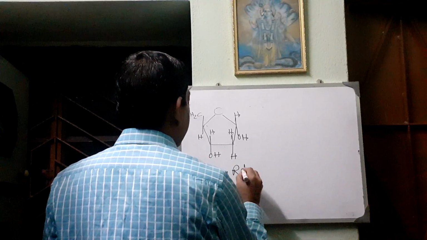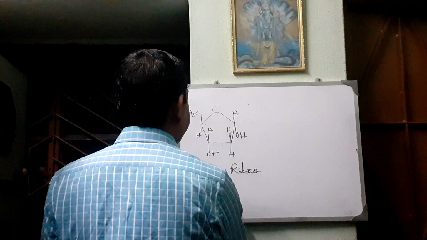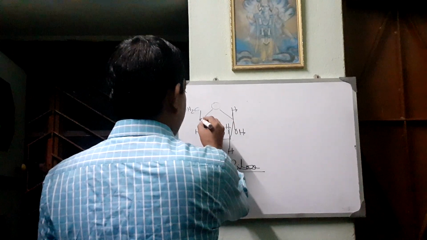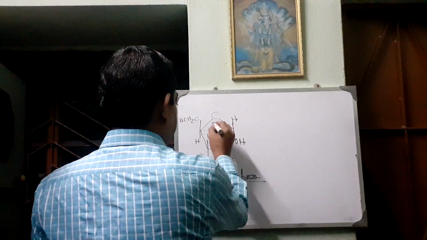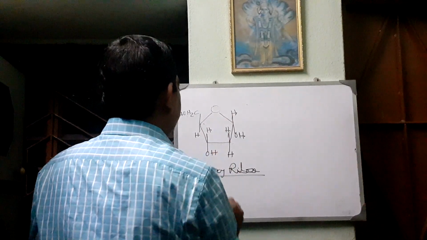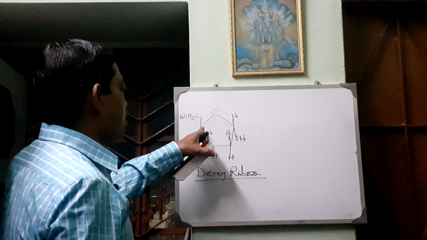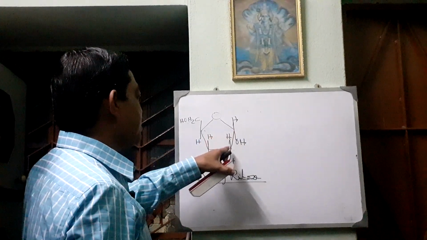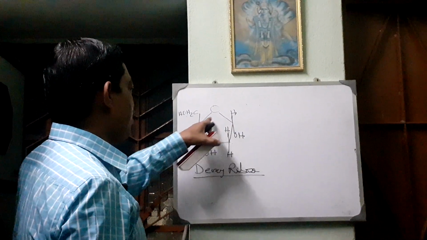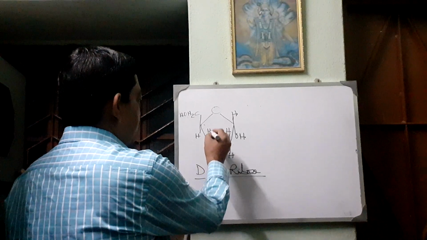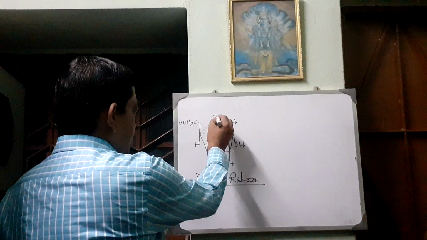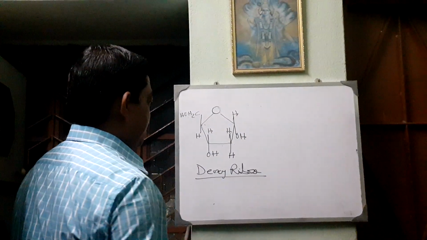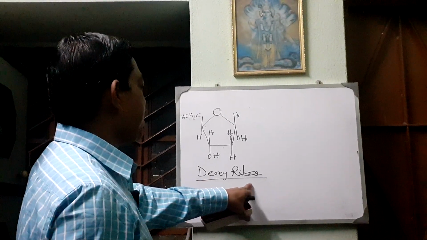Where I am not writing any letter, at the corner of the ring, you can imagine that there is a carbon atom at every corner. This is the oxygen atom present. This is the structure of deoxyribose.